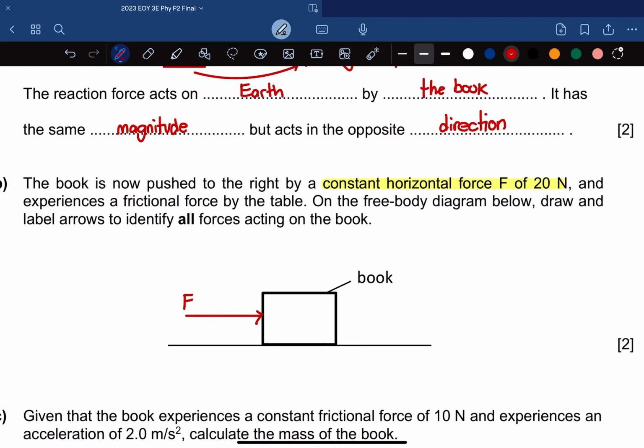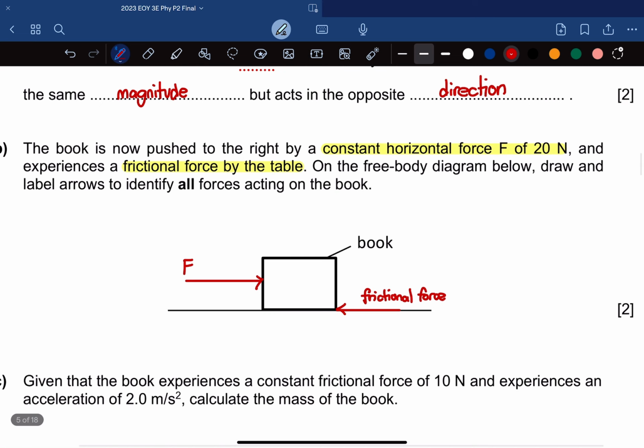And on top of that, we also know that the book also experiences a frictional force by the table. So based on this statement as well, I know that there is also a frictional force acting on the book by the table. I will call this the frictional force. On top of that, we should also be able to identify that the book itself has a weight which will act downwards from the center of gravity of the book.